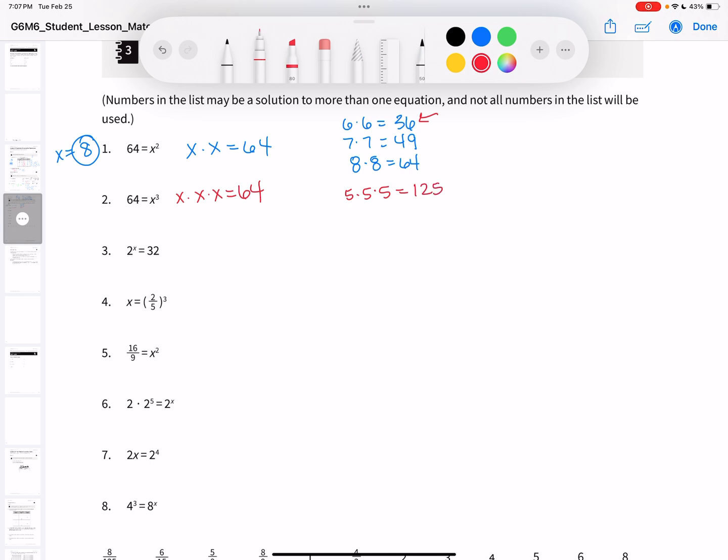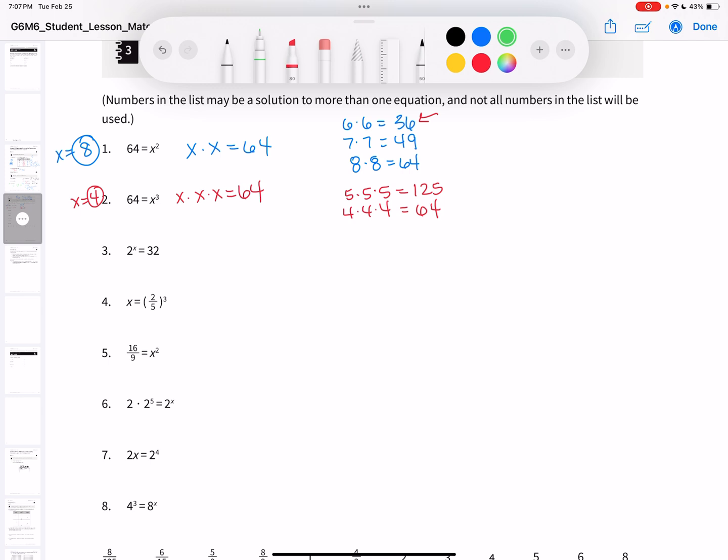That's way too much. Let's do 4 times 4 times 4. 4 times 4 is 16. 16 times 4 is 64. So x here is 4. See how that's working? Let's keep going.